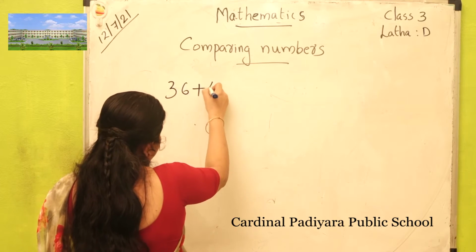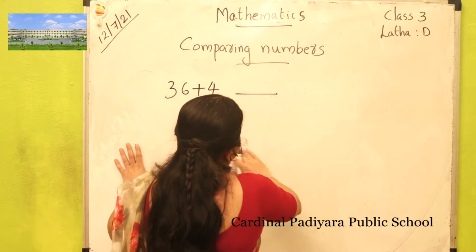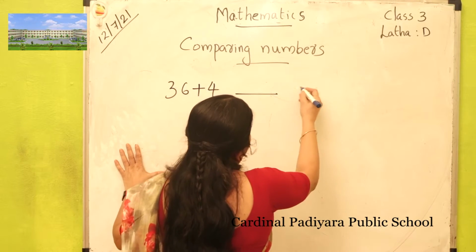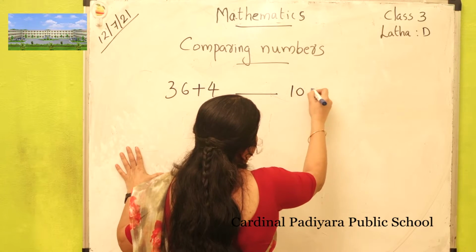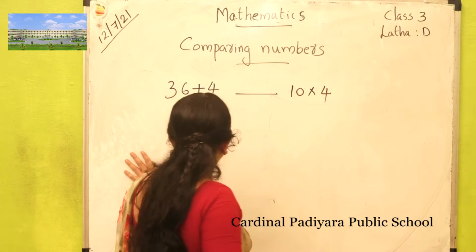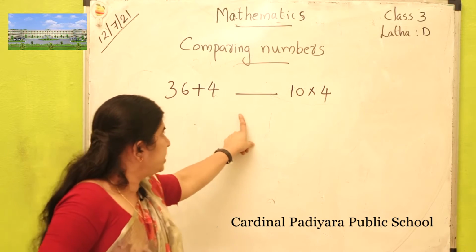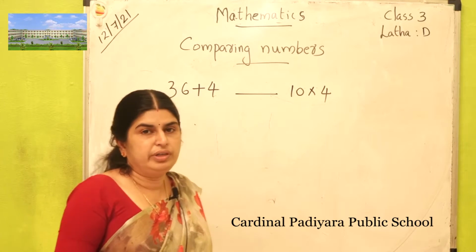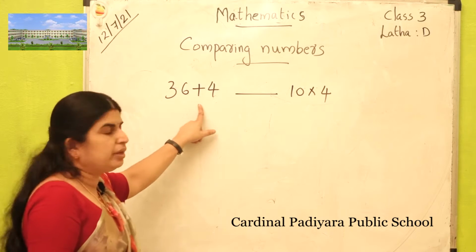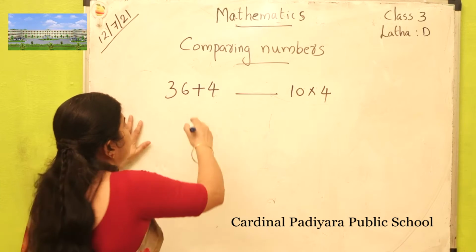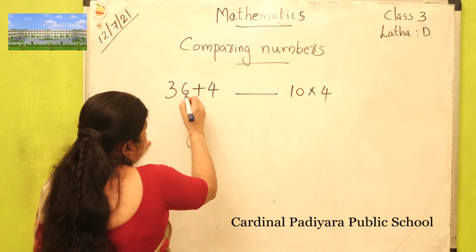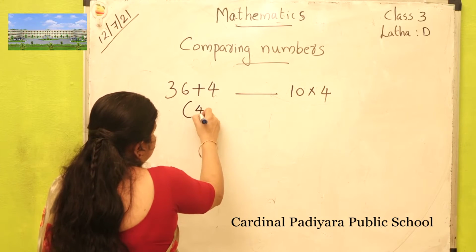Then next one. (36 plus 4) and 10 into 4. Look here. Here 36 plus 4 and 10 into 4. First we solve these. 36 plus 4: 37, 38, 39, 40.